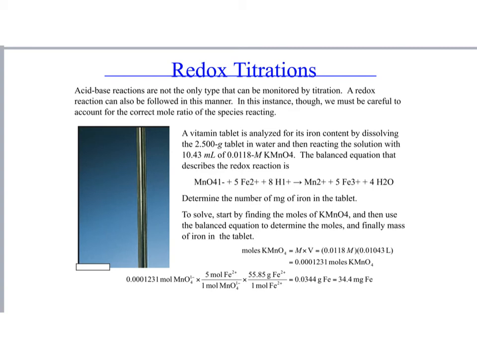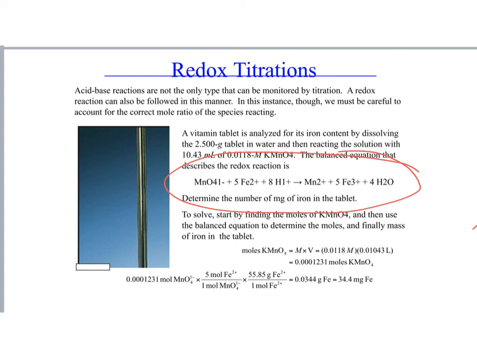This is not that much different than what we just looked at, but if you want to look at the iron content, there's a reaction with potassium permanganate reacting with Fe2+, and you put some acid in there, and you will convert the Fe2+ to Fe3+, and the MnO4 is in the +7, it goes to the +2.